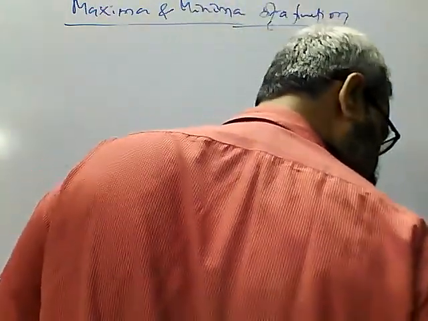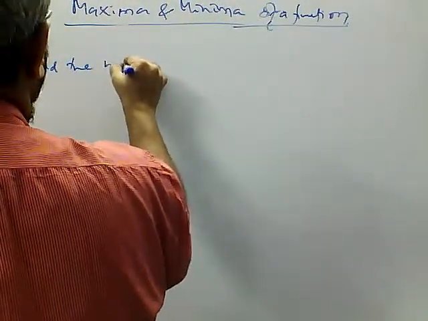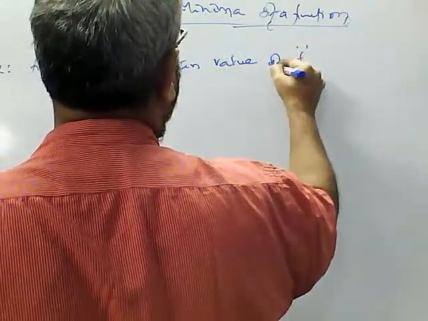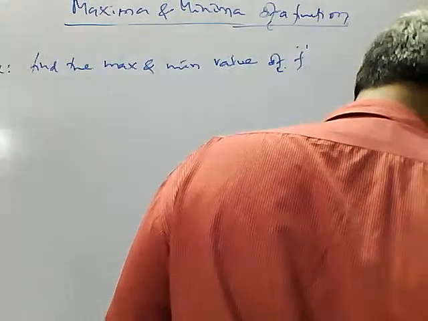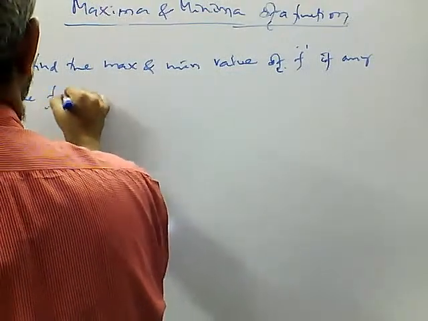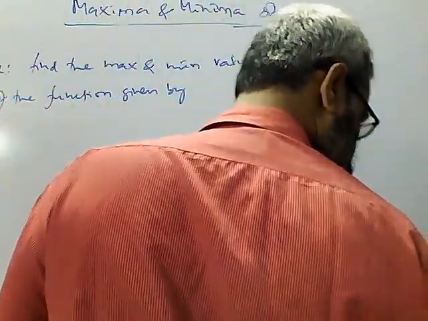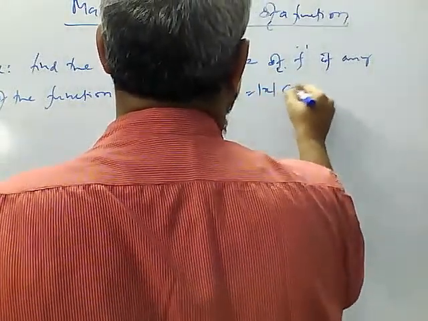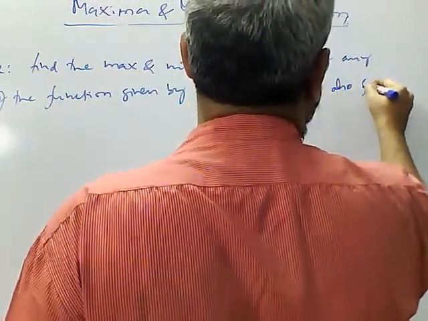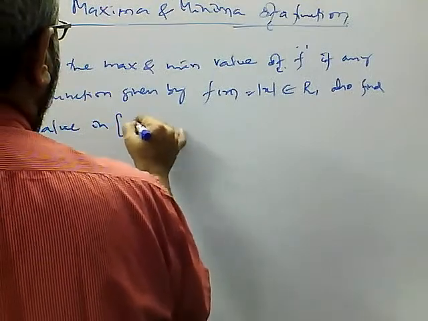Find the maximum and minimum value of the function given by f of x is equal to mod x, x belongs to R, and also find the maximum value in minus 2 comma 1.